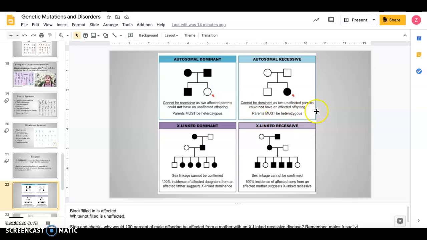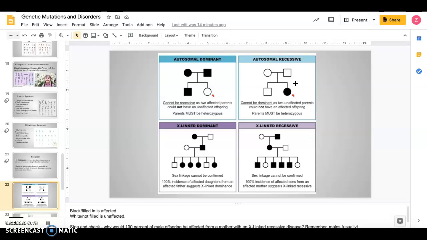Let's examine autosomal recessive, again on one of the autosomal chromosomes, but recessive. Both parents are not affected. The mother's not affected, the father's not affected, the son's not affected, but the daughter is affected. She has the disease.